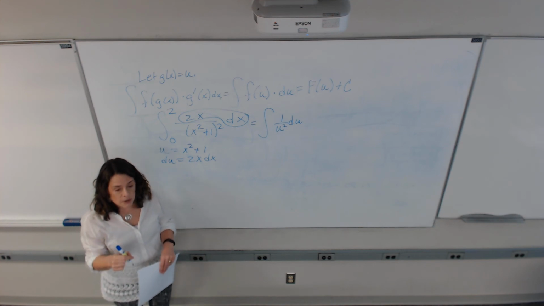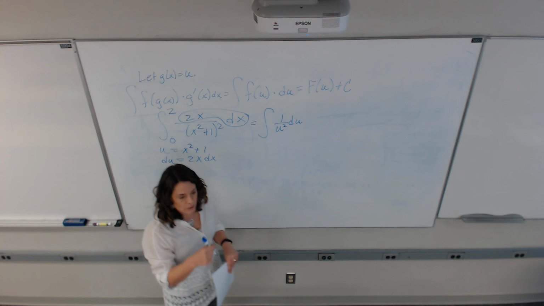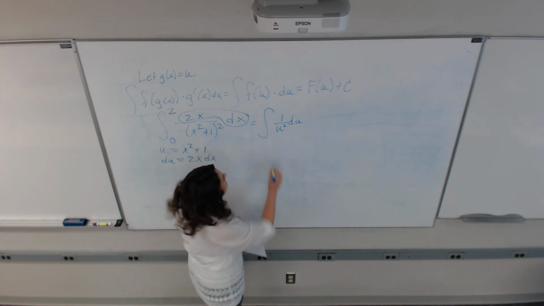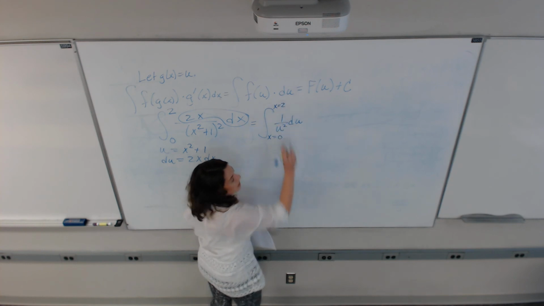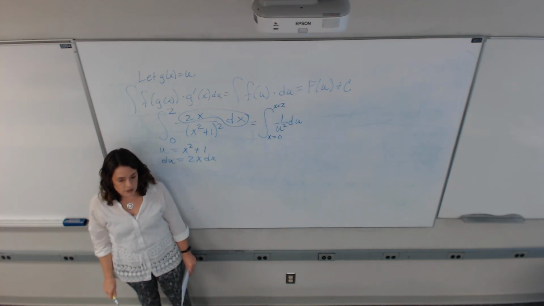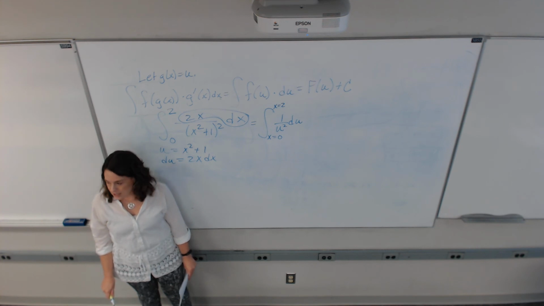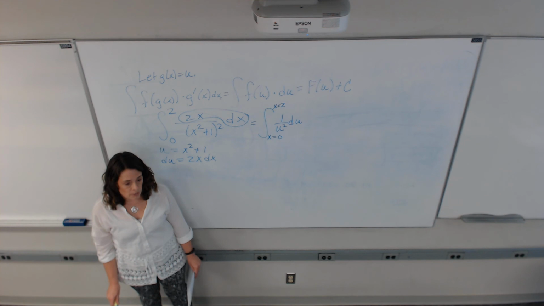If I don't switch the limits of integration, then I have to label what they are so I don't forget that I haven't done it. So I write x equals 0, x equals 2. I haven't changed them. They're still x values. But if I don't write x equal, I'm going to forget, I'm going to think they're u values, and I'm going to plug them in and get the wrong number.